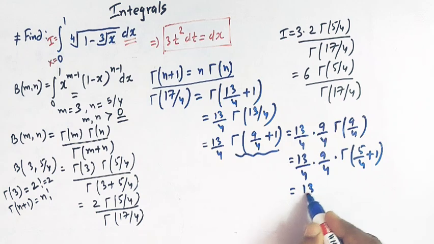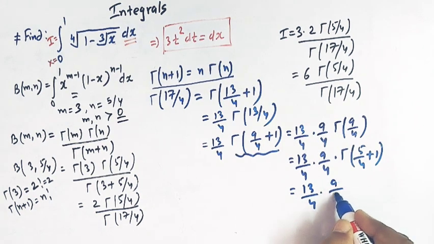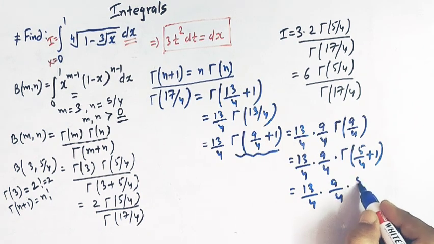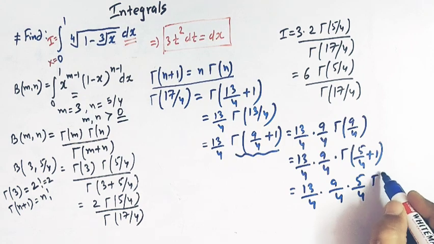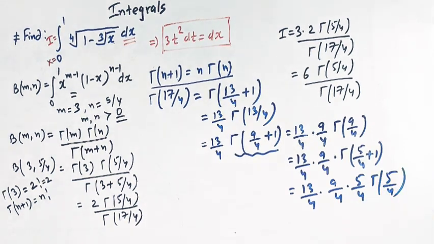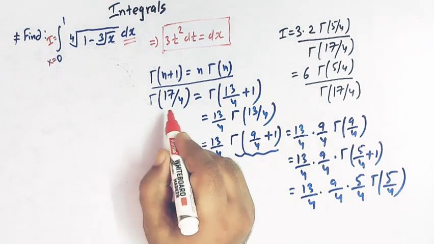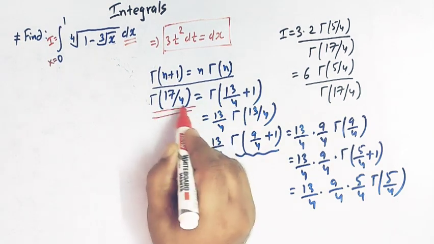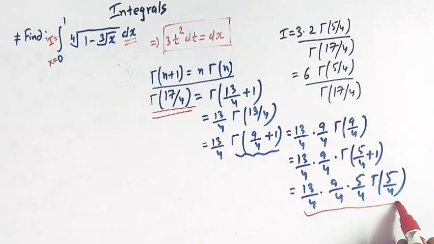So this is 13/4 times 9/4 times 5/4 times gamma(5/4), right? So viewers, the value of gamma(17/4) is given by this expression.